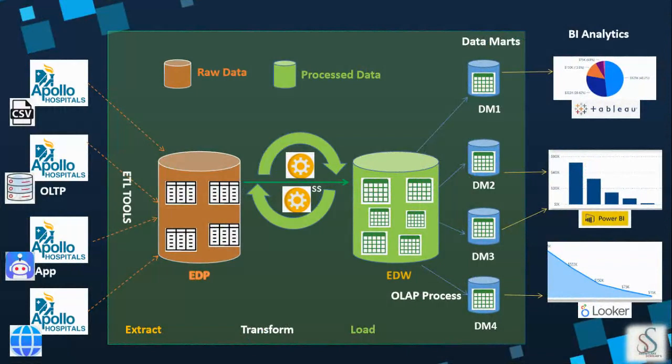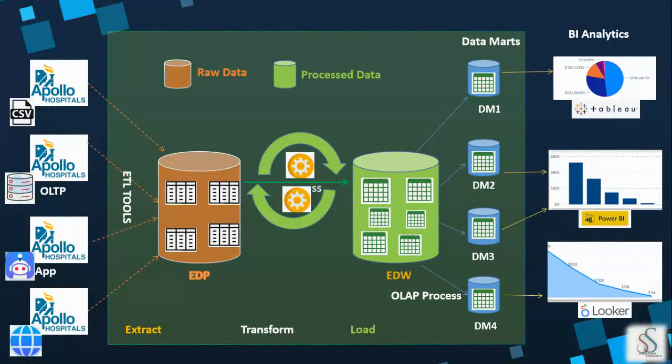Outpatients, inpatients, doctors, nurses, equipment, everything they maintain in files like CSV files, in the first branch. And the second branch is using an OLTP database, online transaction processing. Online transaction processing means it's a database where you can store real time data.